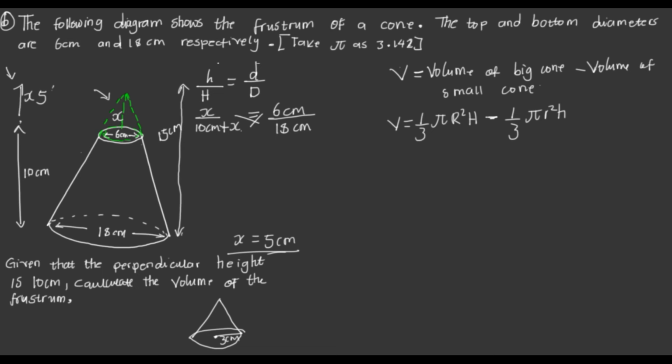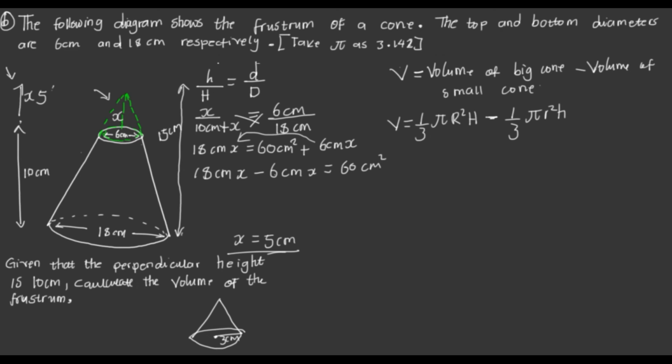So we can cross multiply: 18 centimeters times x, 18 centimeters x. Then 6 centimeters times 10 centimeters, we get 60 centimeters squared plus 6 centimeters times x, 6 centimeters x. So we shift the 6 centimeters x to the other side, so we get 18 centimeters x minus 6 centimeters x is equal to 60 centimeters squared.